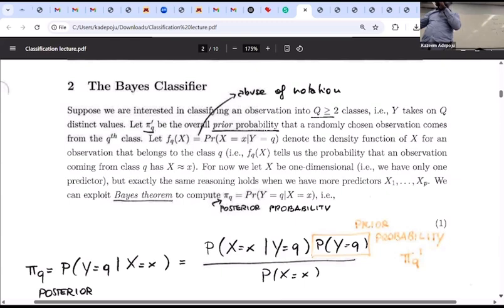You don't have information about the person's income or history, but maybe looking at the way the person looks, you have it in your mind that probably they're not likely going to pay back, or they are going to pay back. That's a prior. Which means you've not collected data at all. But if you now collect data and combine it with the prior, then that becomes the posterior. Now, under the Bayes classifier, I said we want to classify an observation into 2 or more groups.